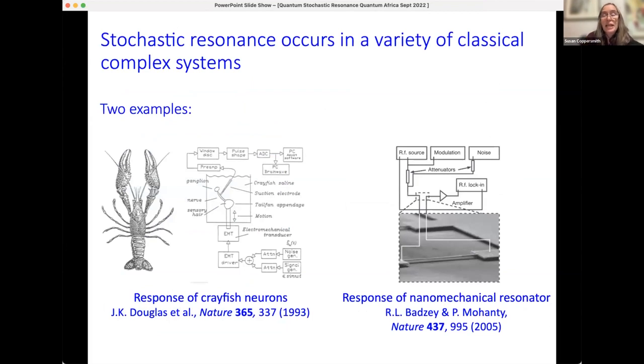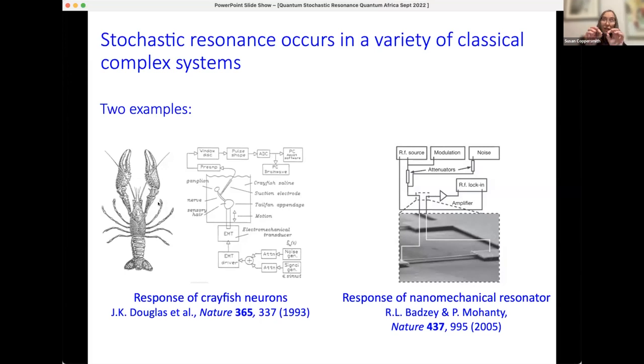And I have to say that it is not totally accepted. It's still totally controversial whether that is the explanation of the Earth's ice ages. But in the meantime, stochastic resonance has been shown to occur in a variety of classical complex systems. One very interesting example was the response of neurons.